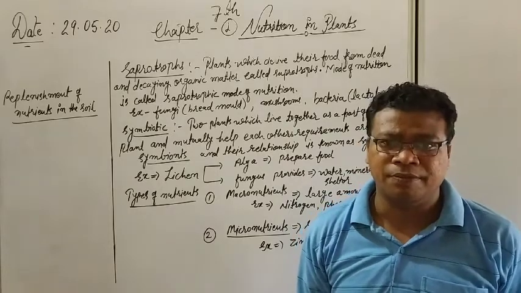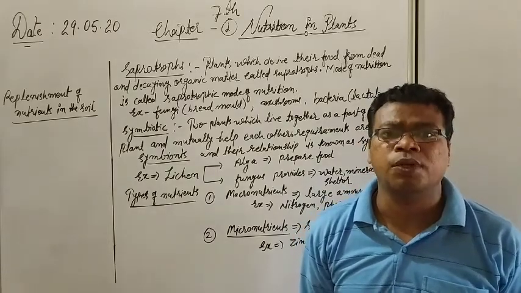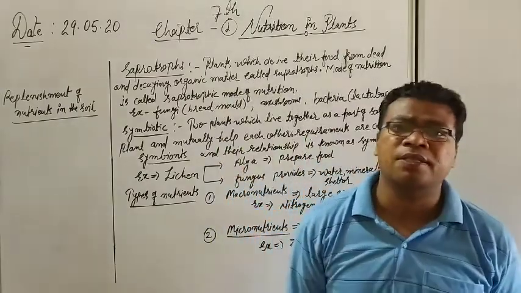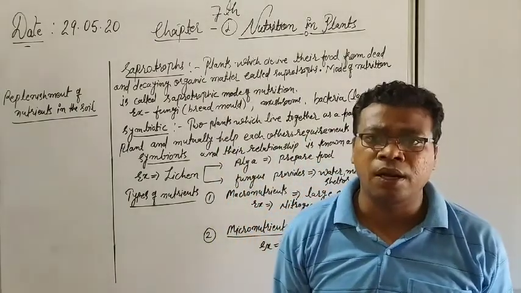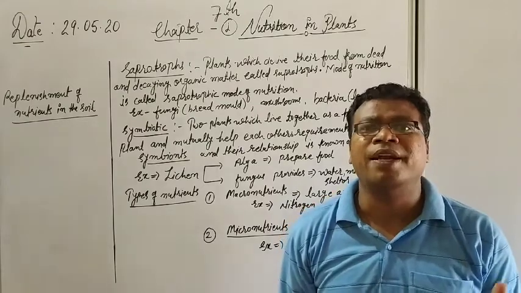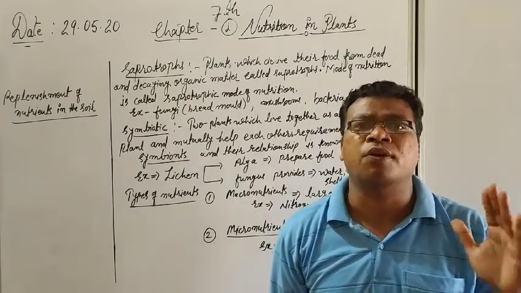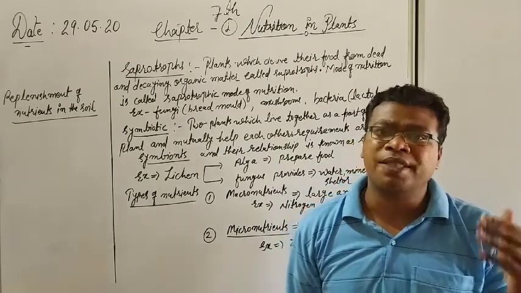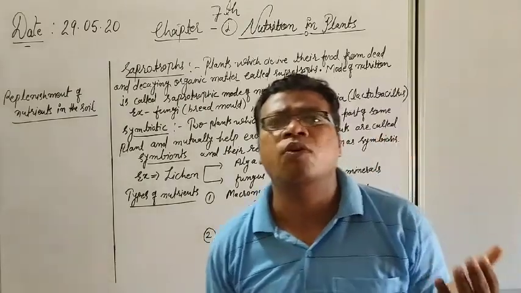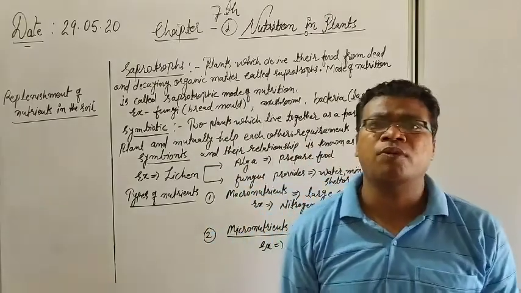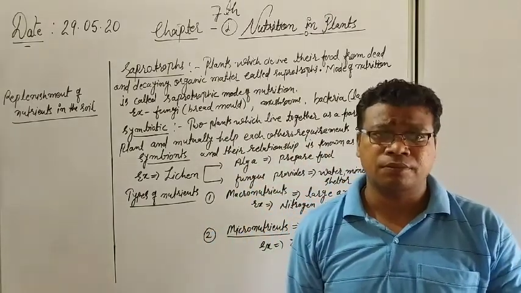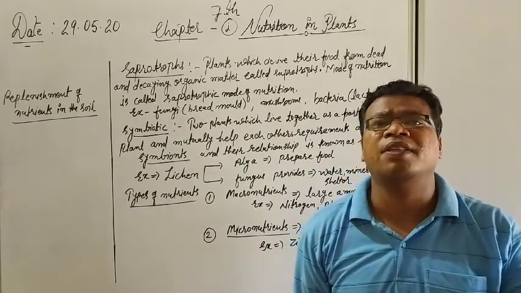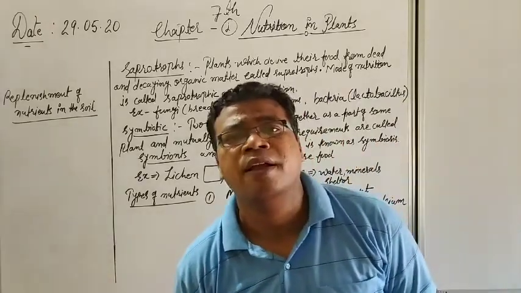And we also discussed the parasites. So what are the parasites? Parasites do not contain chlorophyll, the green pigment that is very important for the preparation of food, which is known as photosynthesis. Because they do not contain chlorophyll, they live on another plant, known as the host plant, and get all their nutrients from there.